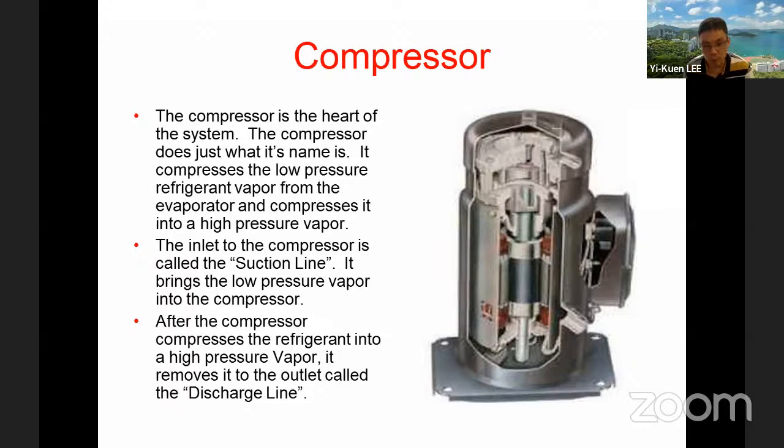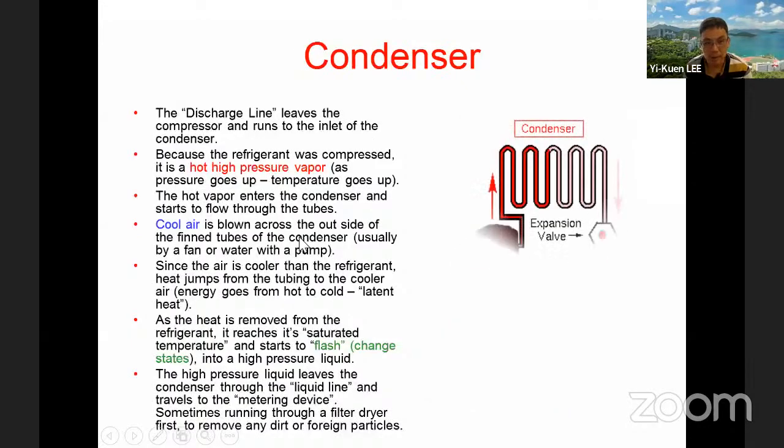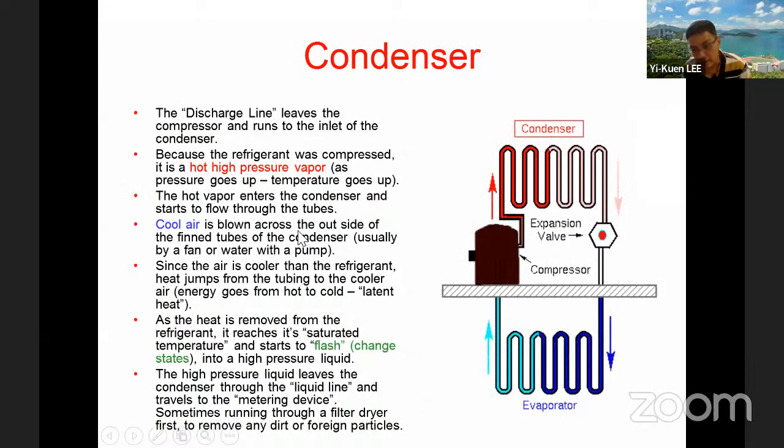The compressor, as I showed you, is one of the components that generates a lot of noise, right? Because it continuously does mechanical work and compresses the air, right? It efficiently compresses it into high pressure vapor. So this is something important. And then of course, the condenser, we also mentioned.